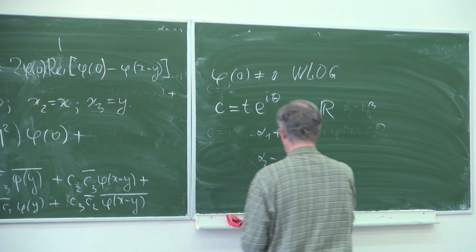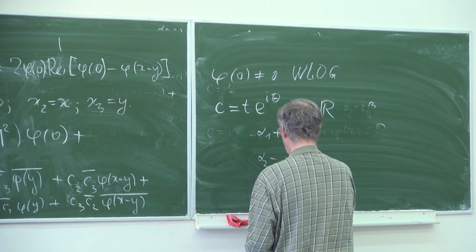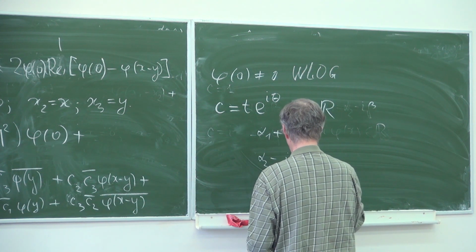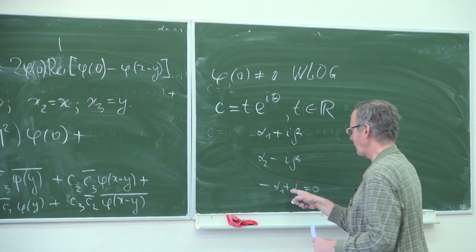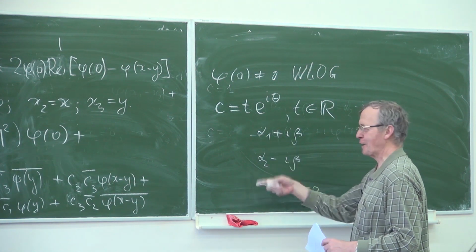So alpha 1 plus alpha 2 is equal to 0. So they're equal simply. So okay, no minus.